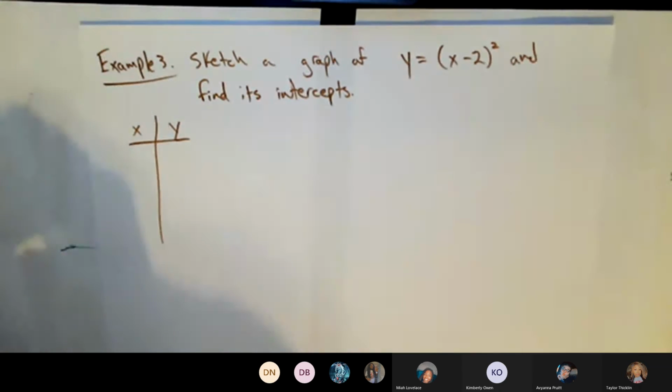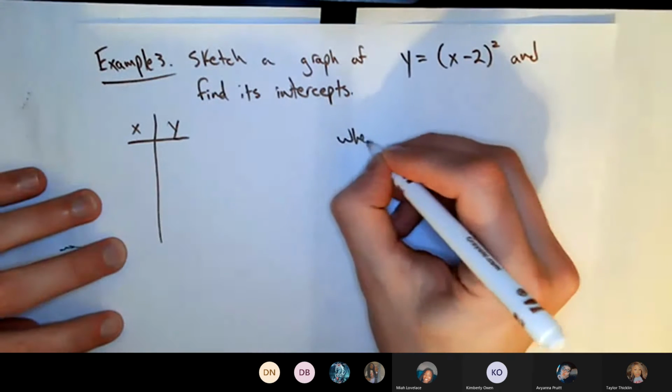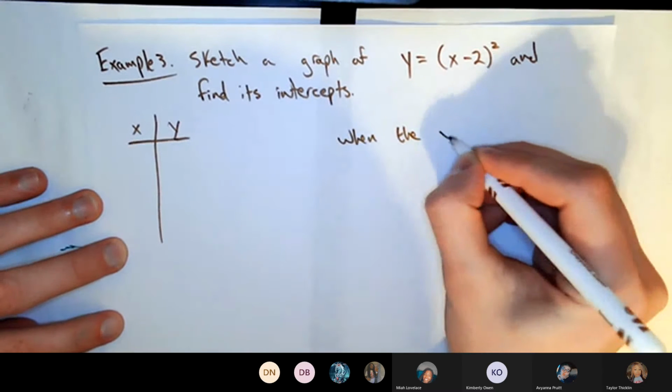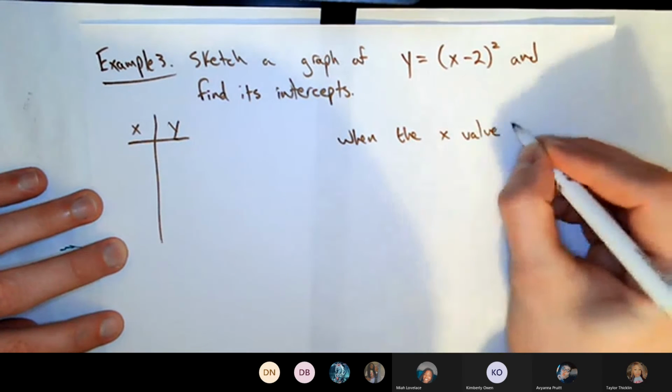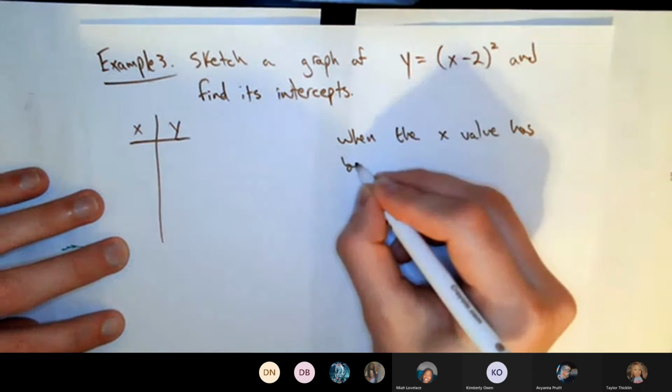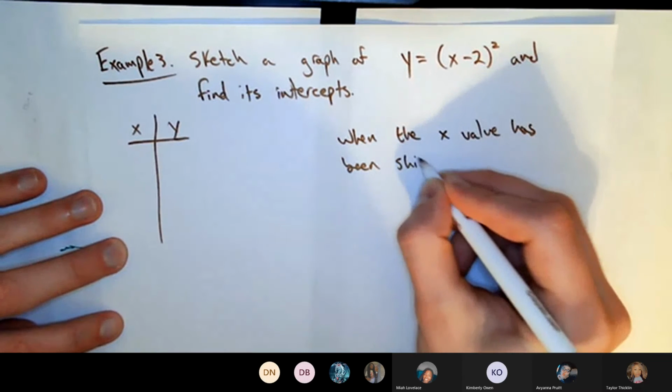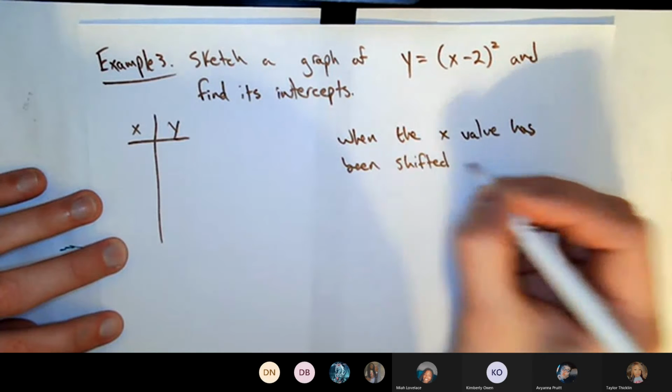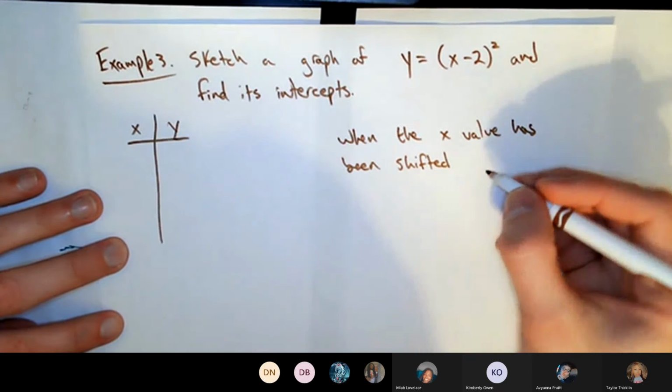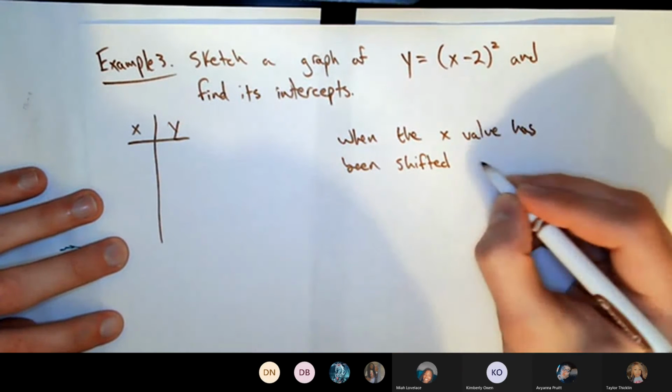So when our graph is shifted, or rather when the x value has been shifted, this is a weird way of saying it. I'm being a little informal here, but that's okay.